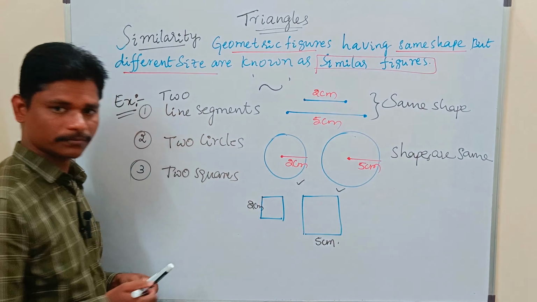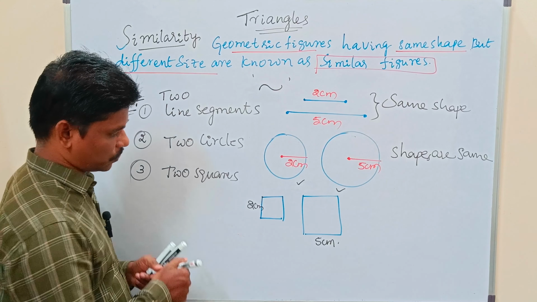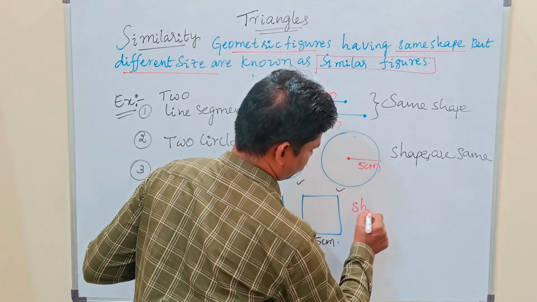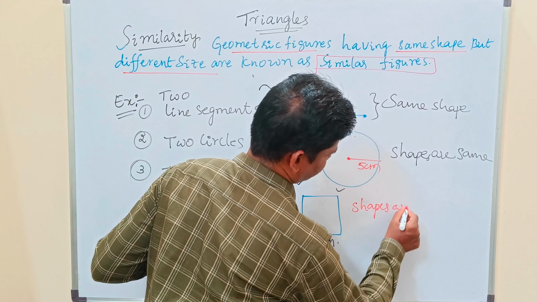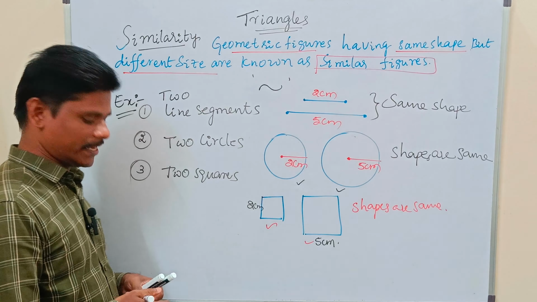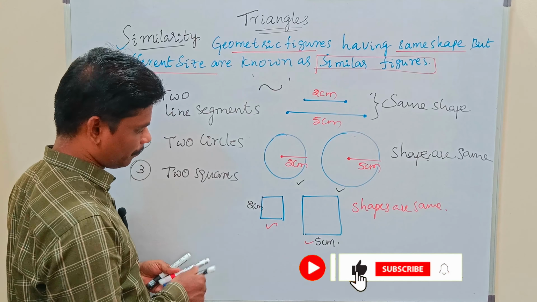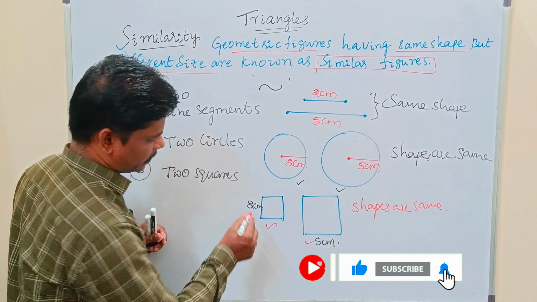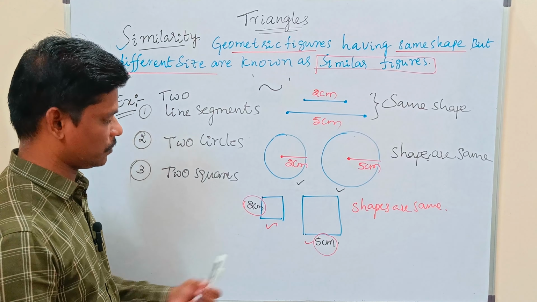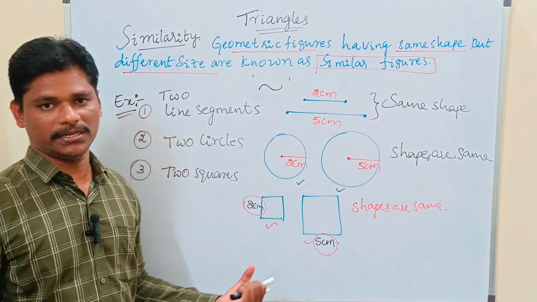In a square, all sides are equal. The shapes of these two squares are the same, but the sizes are different, 2 centimeters and 5 centimeters. That's why these two are similar figures.